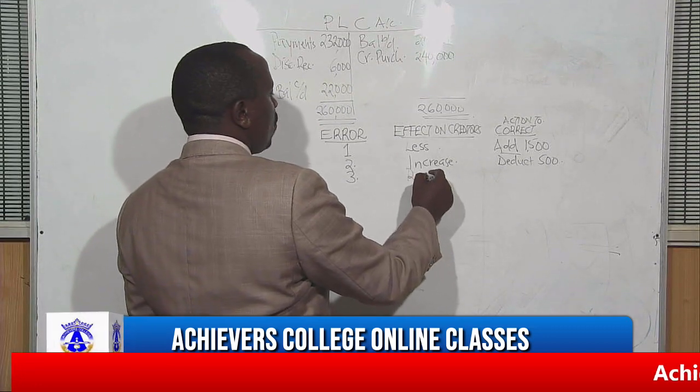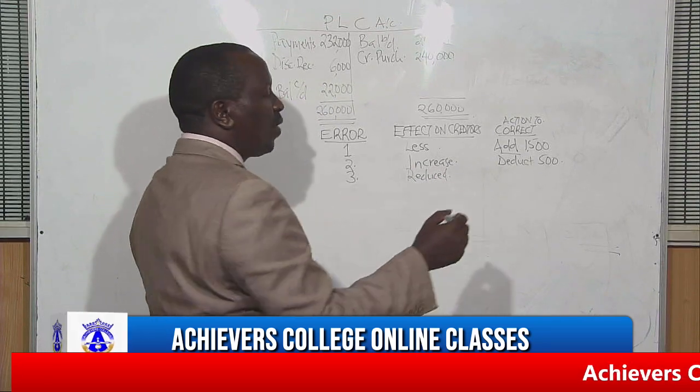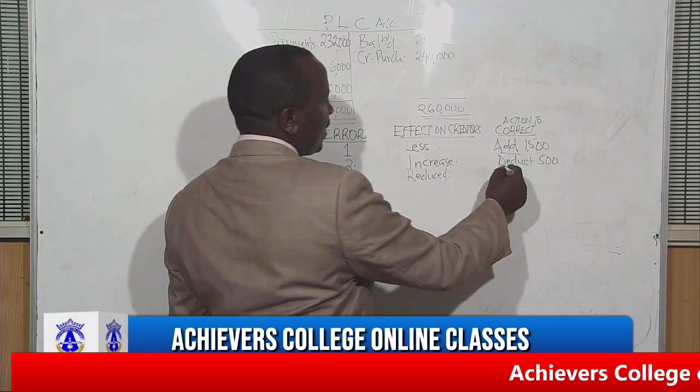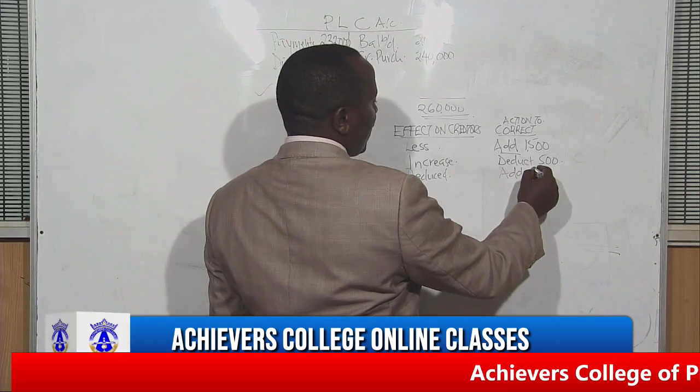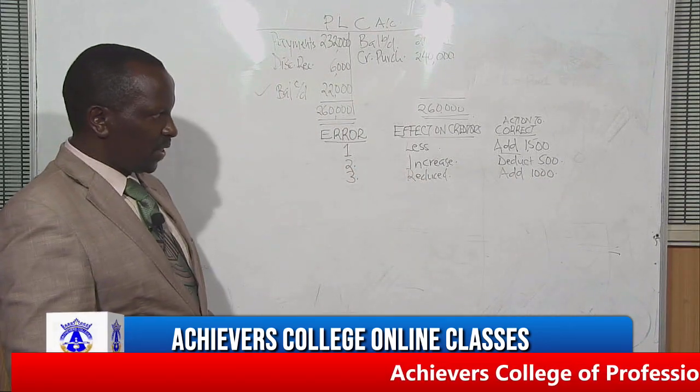So they were reduced by this amount, 1,000, and we are supposed to add 1,000 to it.